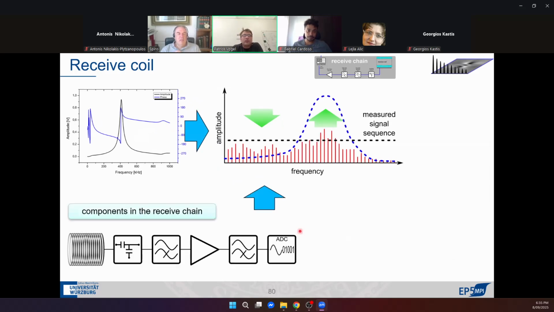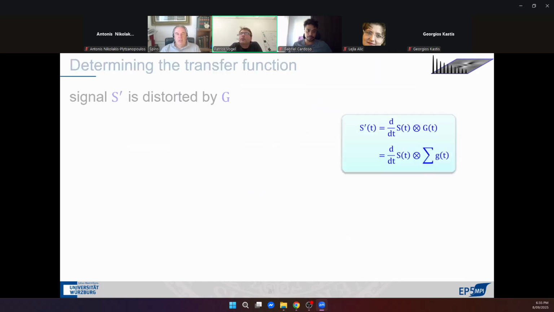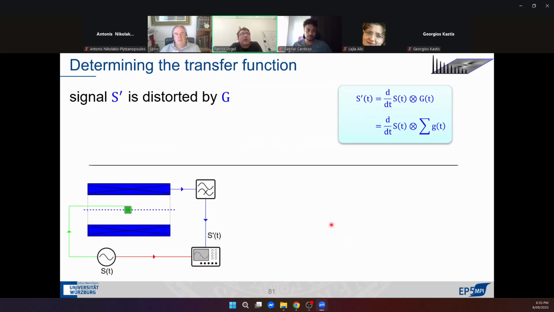So I will jump a little bit over that. You get the influence of all the components on the frequency and on the signal, and you have to correct that, and you can do that by just determining the transfer function, and then you can calculate out the distortions. And it's quite easy to do. You just have to use a small coil.